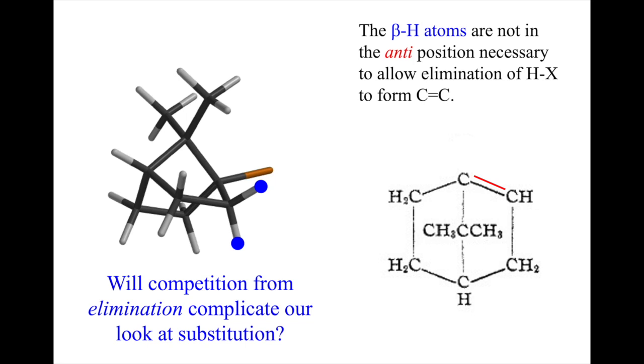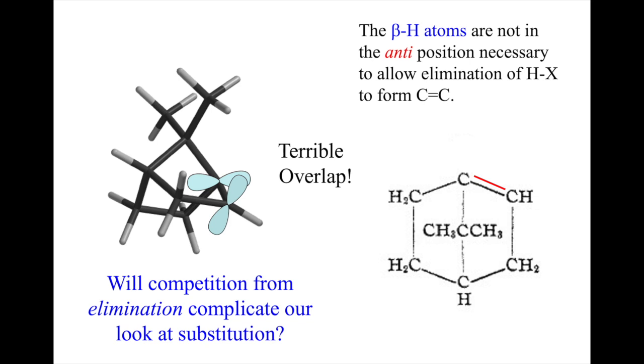And frankly, even if they were lined up correctly, think about what that double bond looks like. Think about what the p orbitals in that double bond would look like. Here's one of them. Here's the other one. That doesn't work. That is terrible overlap between two p orbitals in a pi bond. And so you really can't have that pi bond. As drawn, that pi bond is impossible.